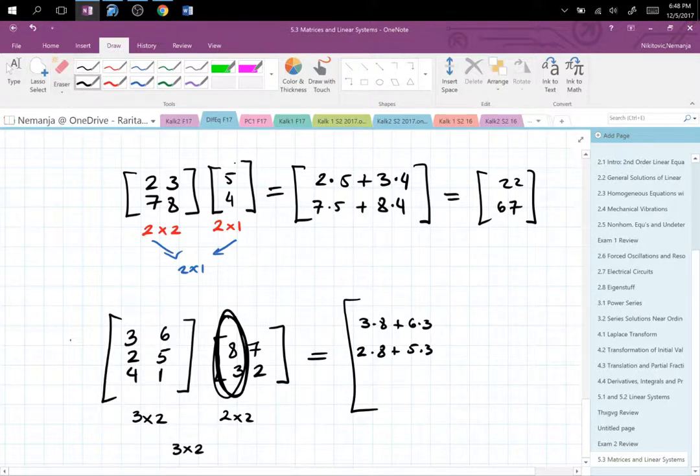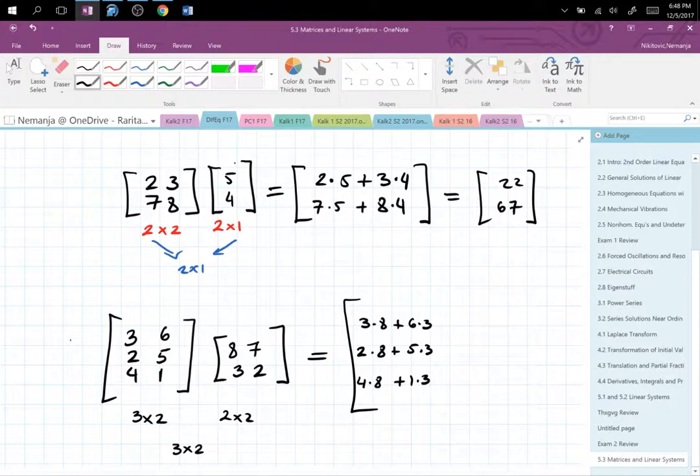And then I'm going to go another row down and have 4 times 8 plus 1 times 3. So these would be, when I use 8 and 3, the first column multiplied into 3 rows of the first matrix.